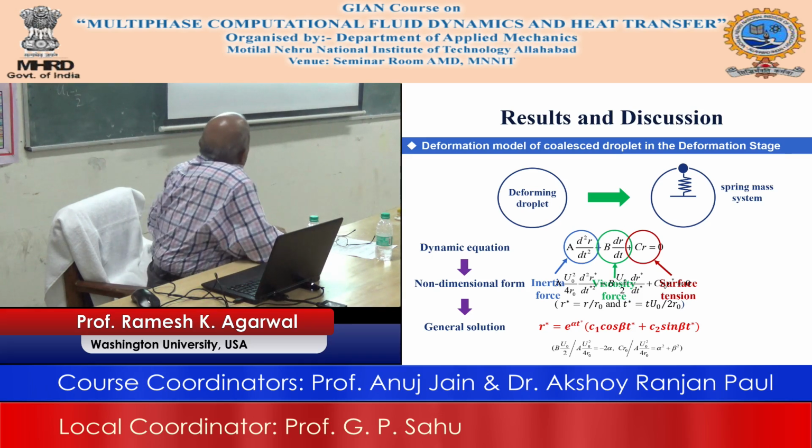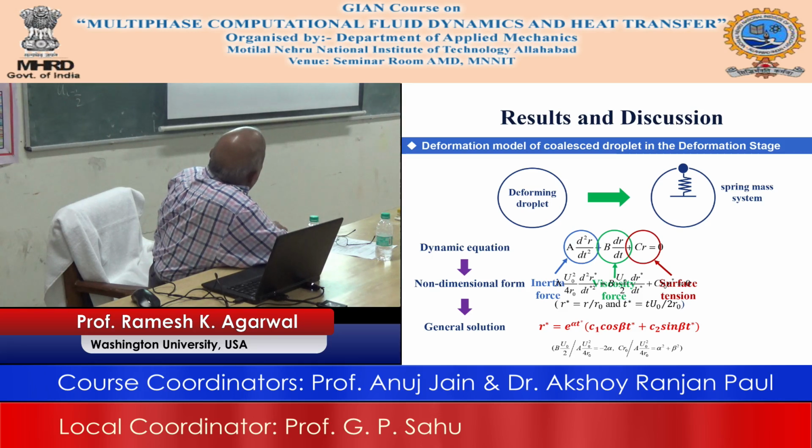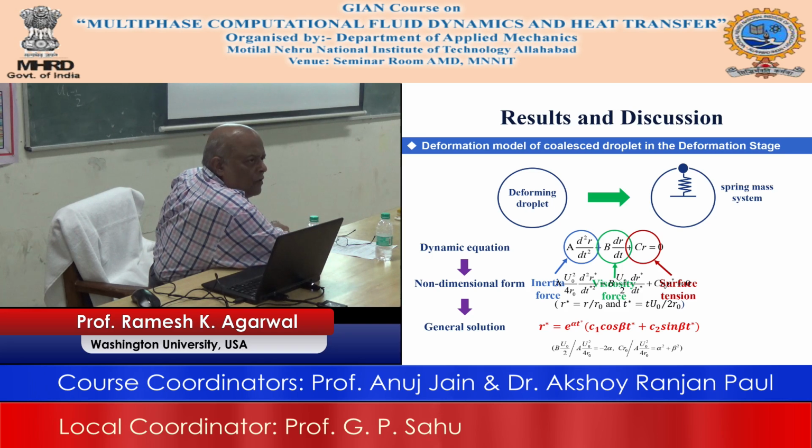So what you see here is that you're deforming a droplet, and can you build a spring mass system, and if you include the effect of damping, then they call it a spring dashpot system, and then an equivalent system that can show the deformation by that spring mass and dashpot system, so that in the future you can have that model available, and in collisions you can use that model and activate it when you're doing that problem. Okay. So that is the purpose of doing this.